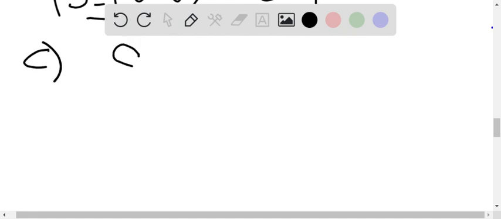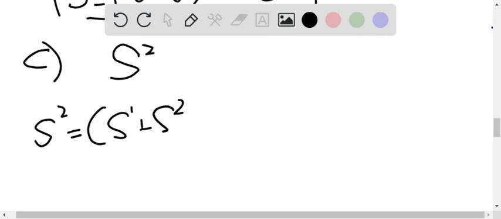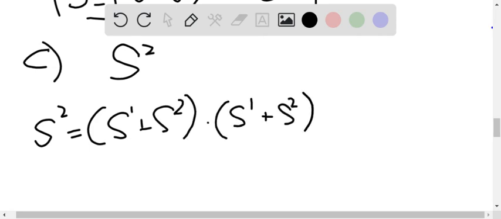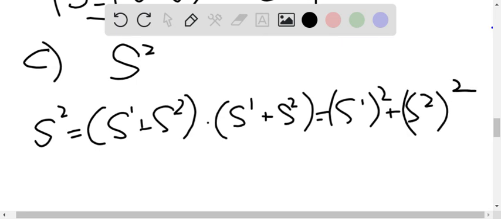Next, for part C, first we define the operator S square for two combined states, that is S square is equal to (S1 plus S2) times (S1 plus S2), which is equal to S1 square plus S2 square plus 2 S1 dot S2.